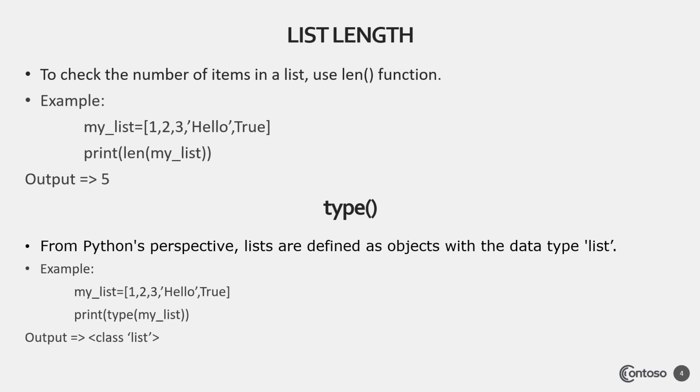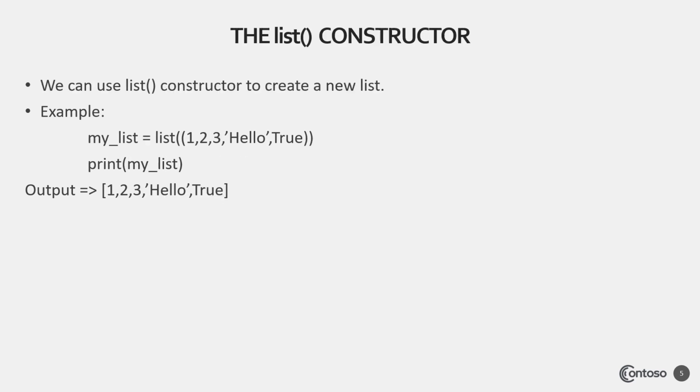Type function. The type function is used to find the type of the object, that is whether it is a list or a dictionary or tuple, string, etc. In the given example, when we print the type of my_list, the output will be displayed as class list, because the data type of my_list is list.